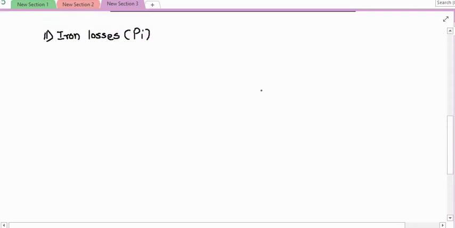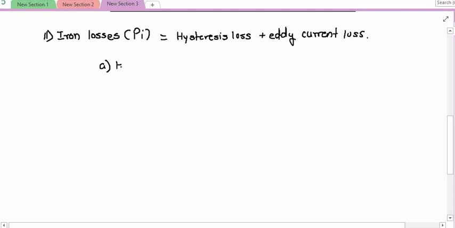It is equal to the sum of two components called hysteresis loss and eddy current loss. So I will write Pi equals hysteresis loss plus eddy current loss. So let us first of all see what hysteresis loss is.